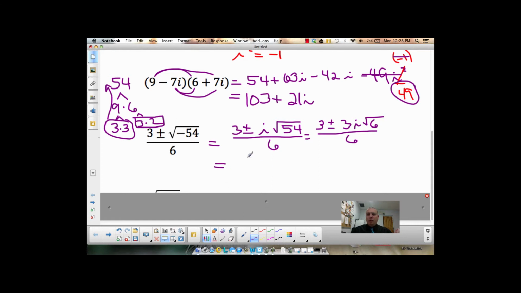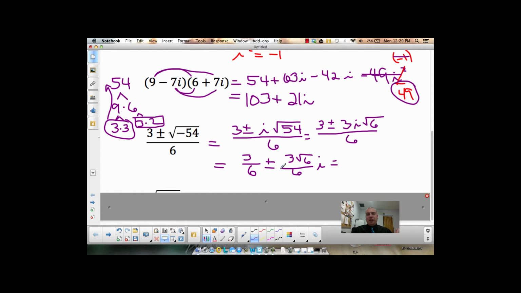It's going to get a little tight room-wise. 3 divided by 6 plus or minus 3 square root of 6 divided by 6, and we just put the i on the outside. So this is my a plus, here's my b, i.